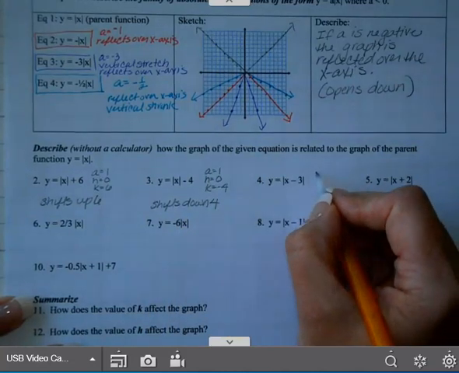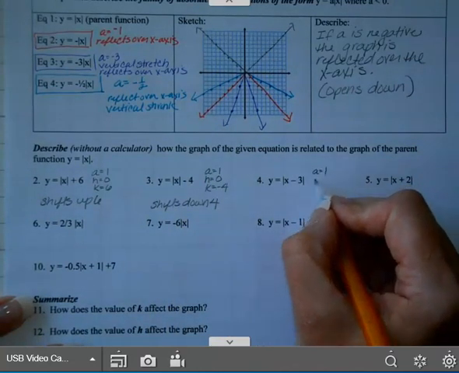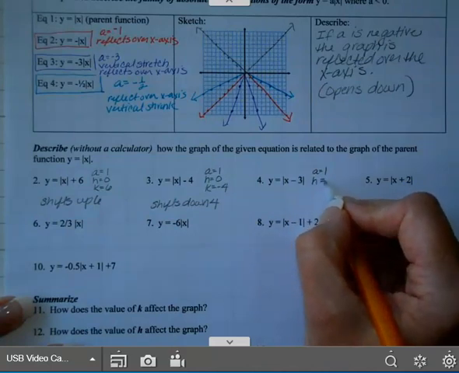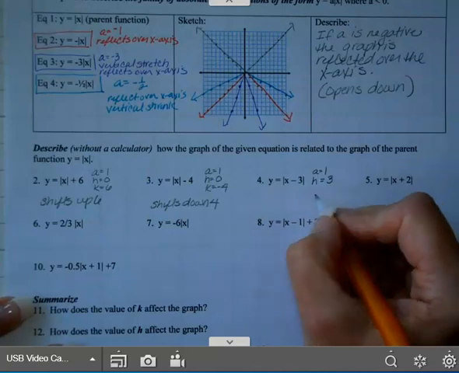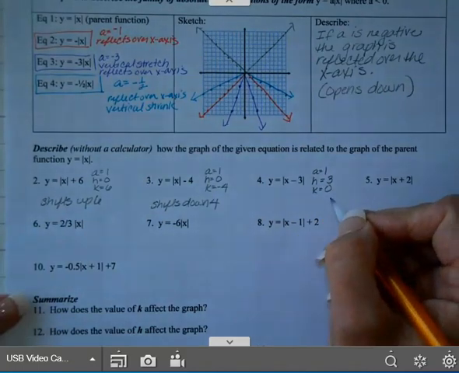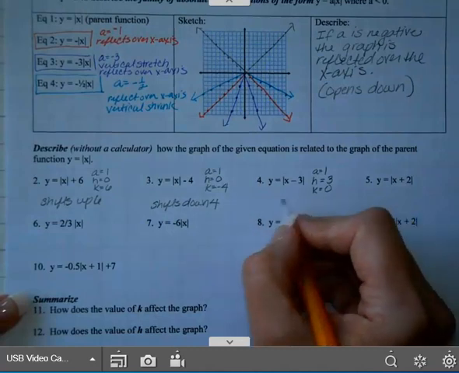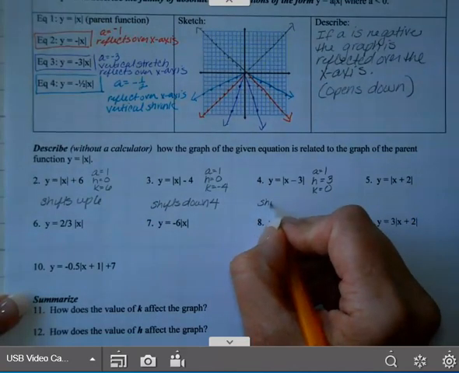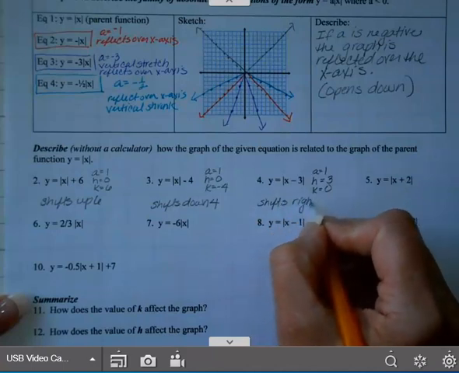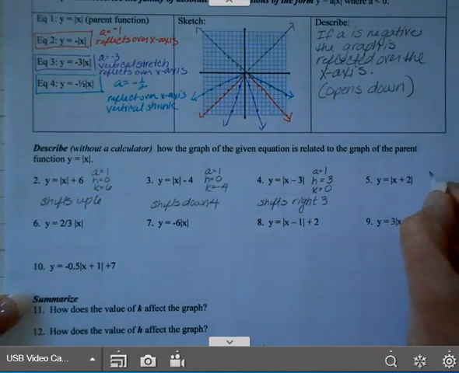Next example, A is 1, H, remember you have to do an opposite for H. So H is +3. There's nothing on the outside, so K is 0. And so this one is going to shift right 3. Example 5, A is 1.